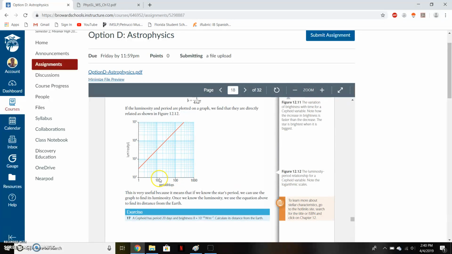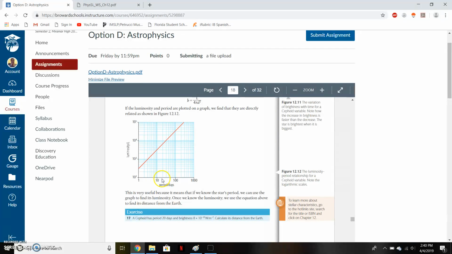Now, it's a logarithmic graph, so the values scale up. On the x-axis, from here to here it goes 1, then 2, then 3, and however from 10 it goes by 10.